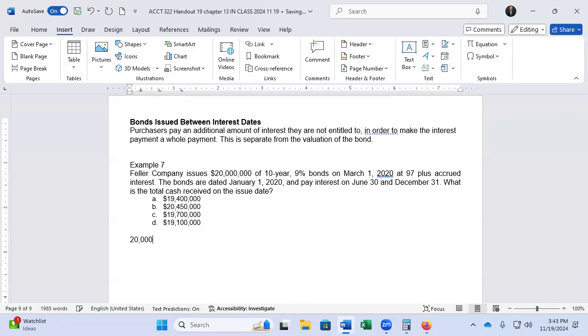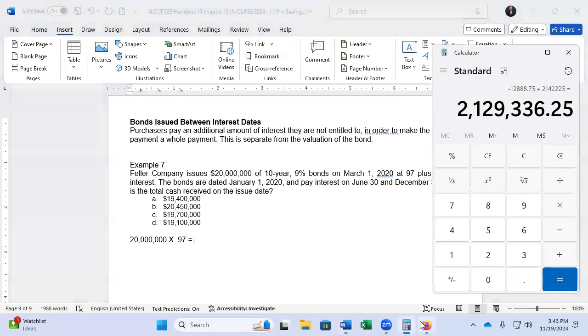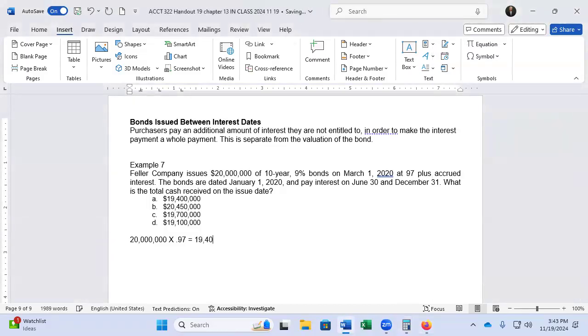So we've got 20 million times 0.97 and that's 19,400,000. And then we have the interest payments, a portion of it, 20 million times 0.09.